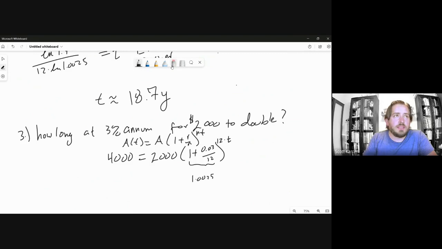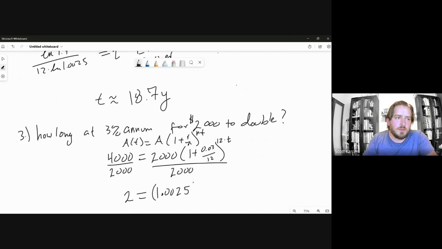So I'm going to divide each side by 2,000 right off the get-go to get the number in front of my exponent out of there. That gives me 2, which shouldn't surprise us because we're trying to double this thing. So the 1 plus 0.03 over 12 simplifies again to 1.0025 raised to the 12t.